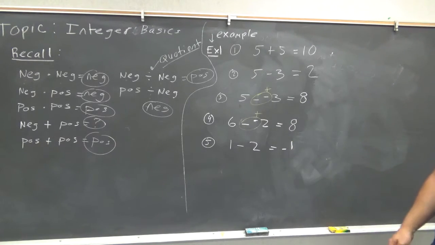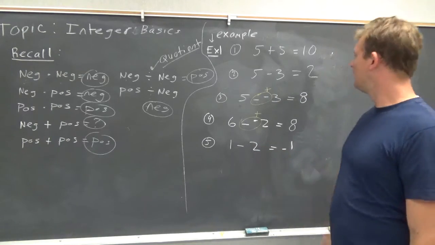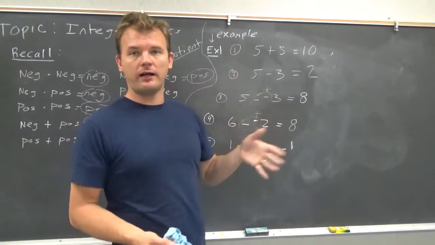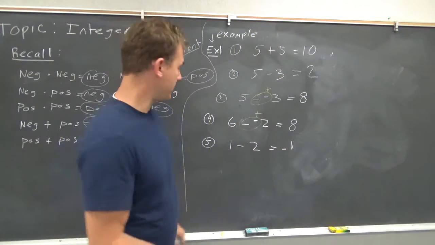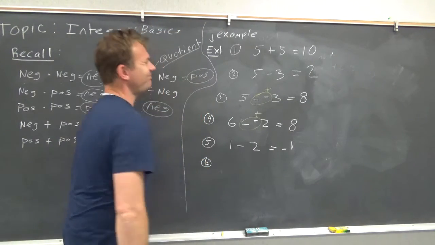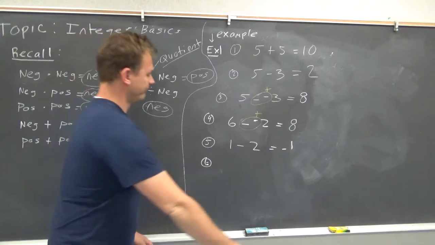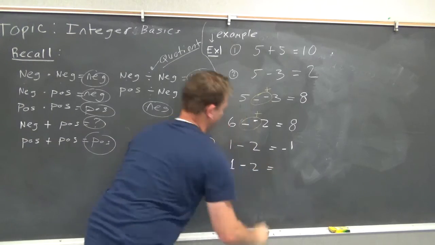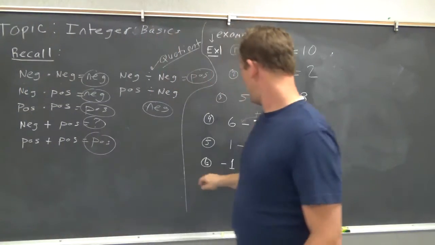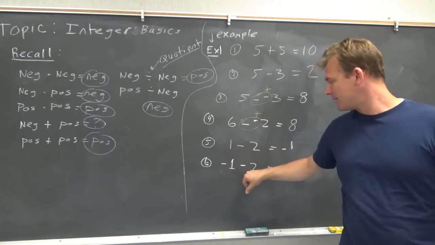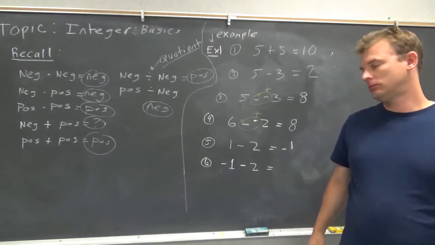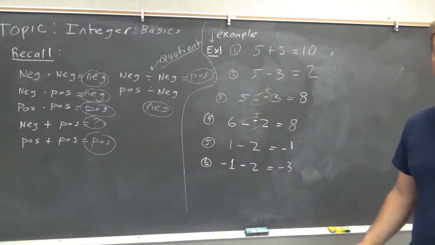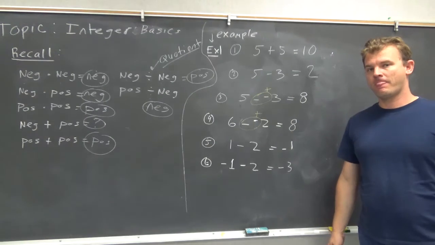If you can't do this, I hope that you can go back to that number line. I will do the number line later, but the idea is here. 6: negative 1 minus 2 is negative 3. Okay.